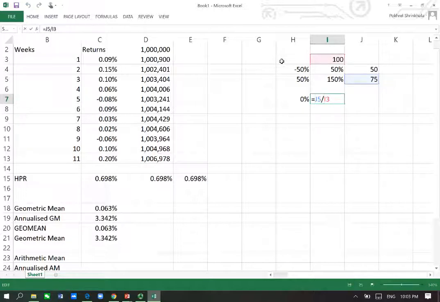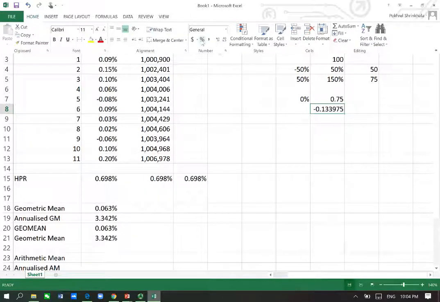Now this 0.75 is over 2 years, so therefore the power of 1 over 2 take away 1 gives us the rate of return, which is roughly negative 13.40%. So this is the actual rate of return.